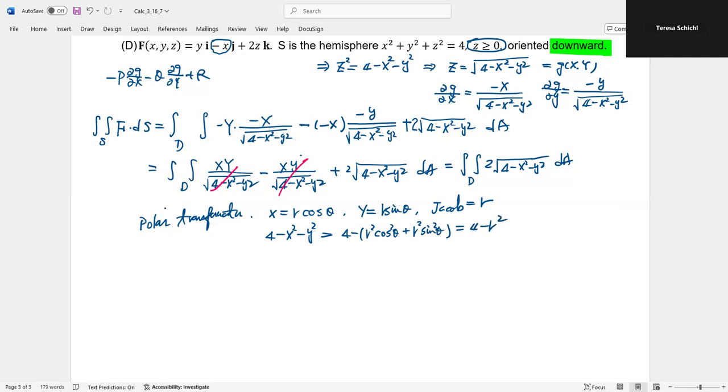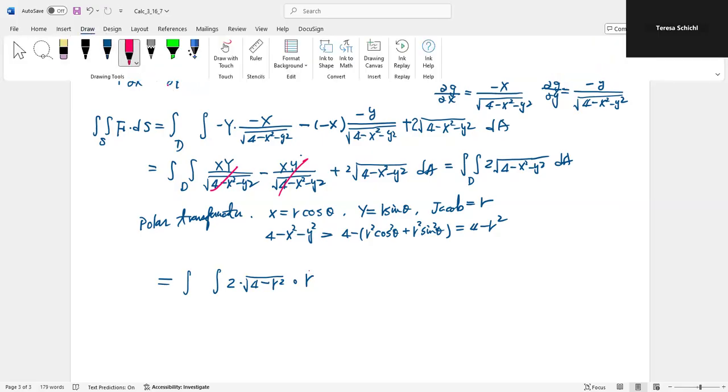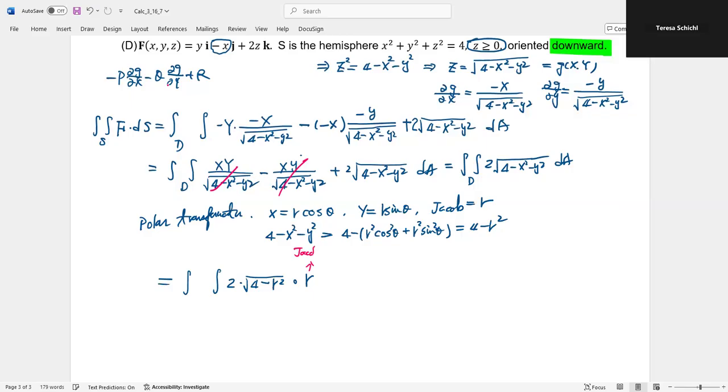Good. All right, so now this integration I can change to here, right? So it's 2 times 4 minus r squared times the Jacobian, right? So this is what we call the Jacobian. Don't forget that.